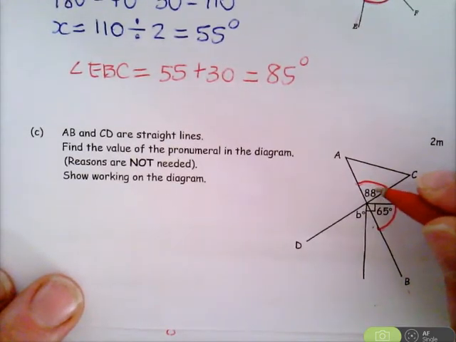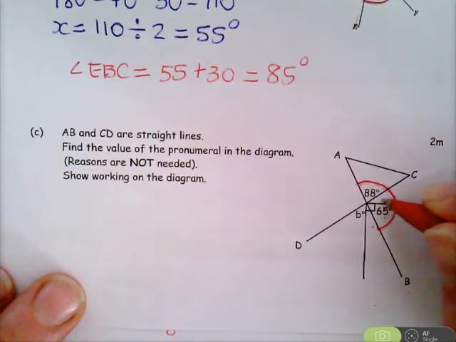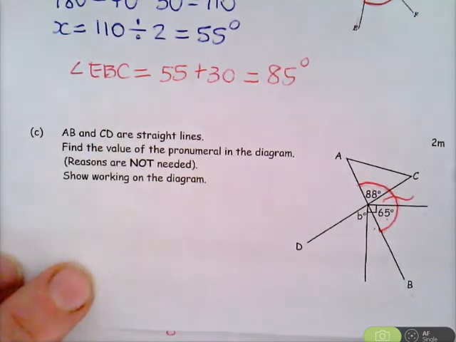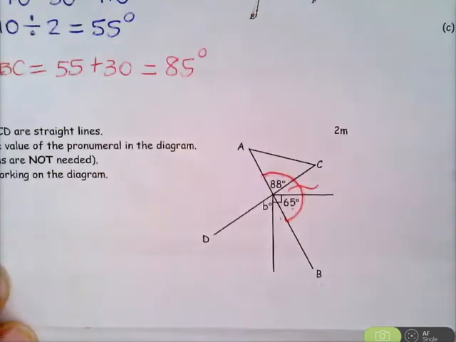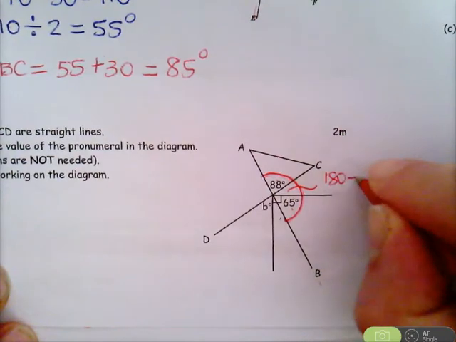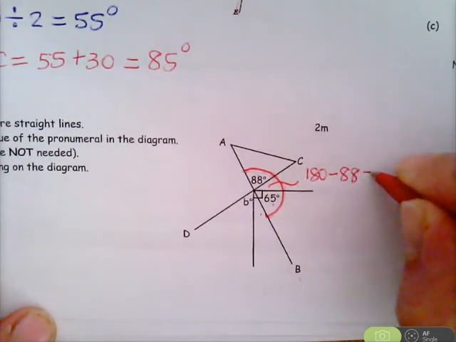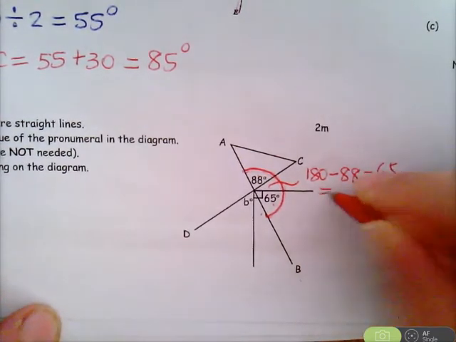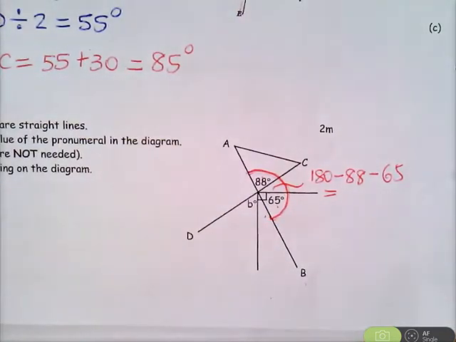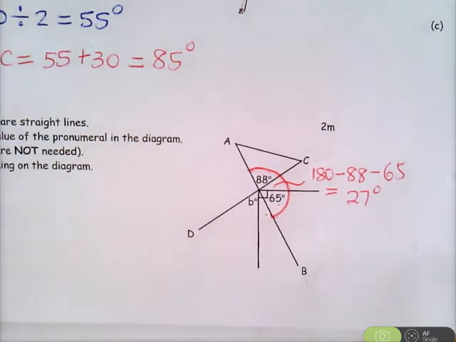So it looks like I know that that's 88 and this 65, so I can work out this missing bit in there. And that missing bit in there will be 180, because 180 degrees for the whole straight line, minus 88 minus 65. So that little bit in there is 180 minus 88 minus 65. I'm just going to work that out. And I get 27 degrees for that.